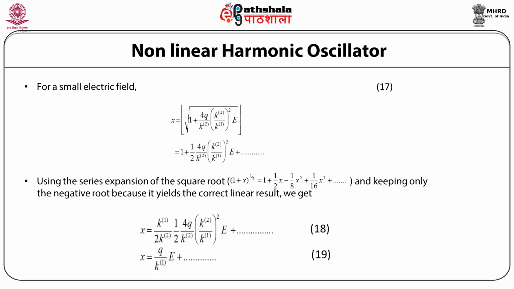This is the same result as the linear case where alpha is equal to Q square by K.